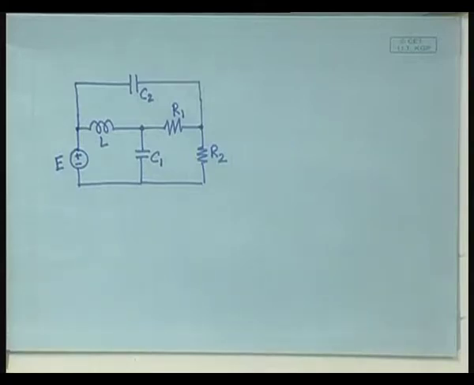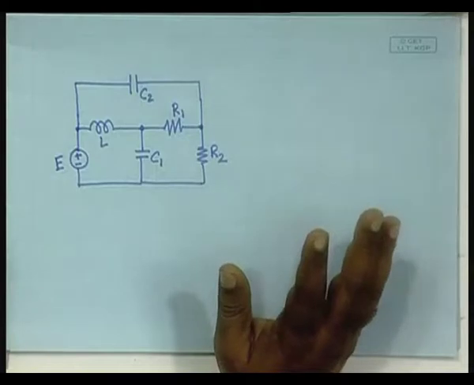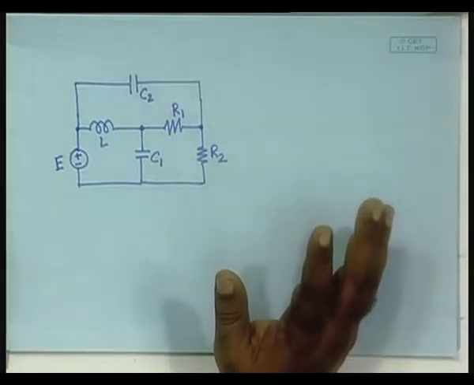First, how would you decide what are the generalized coordinates? The minimum number of potential coordinates that we can identify. No, not potential, charge, because the equivalent of the position is charge. So I want to identify the independent directions of flow of charge.